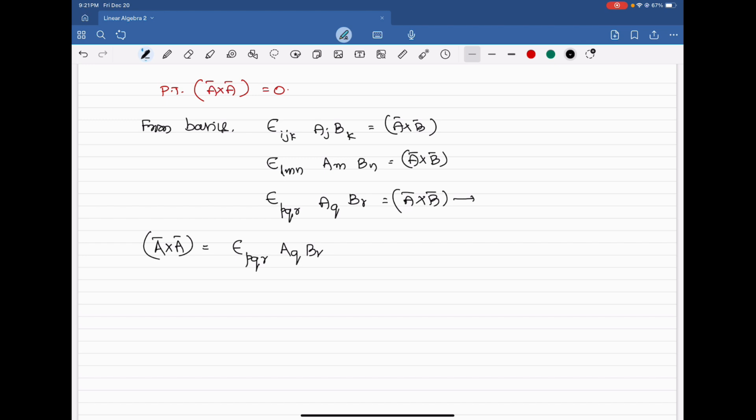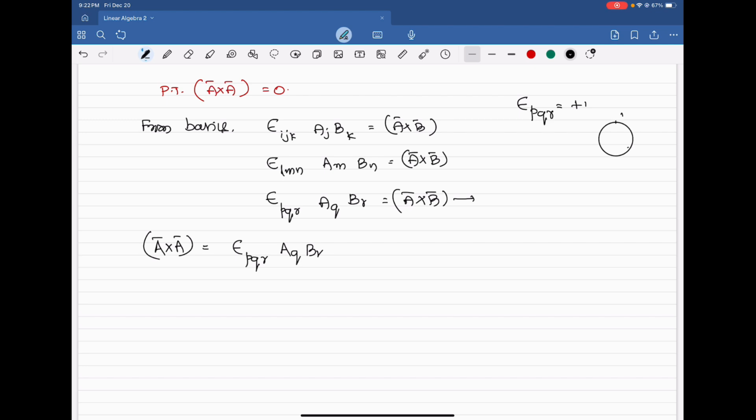The values will be negative. Epsilon PQR is equal to plus 1.